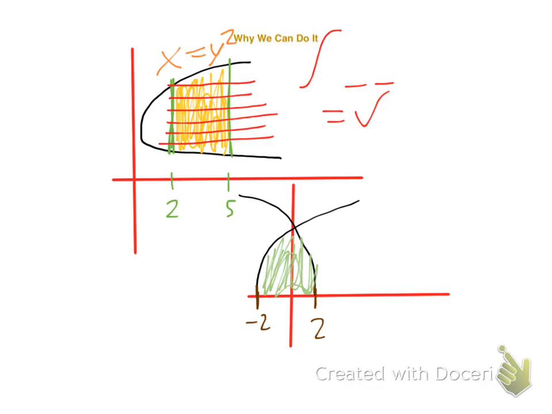Now, how would you go about doing that? If you were asked to find the area vertically, or if you just didn't know what to do, so you said, I'm going to find the area by vertical slicing. If you did that, then you would run into a slight problem. I mean, it wouldn't prevent you from doing it, but you'd just be like, oh, yikes, great.